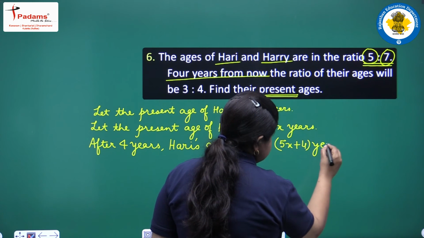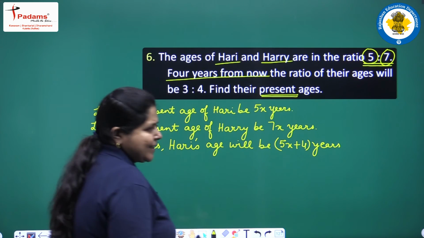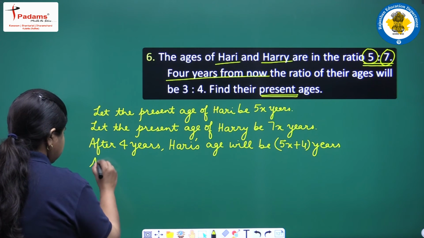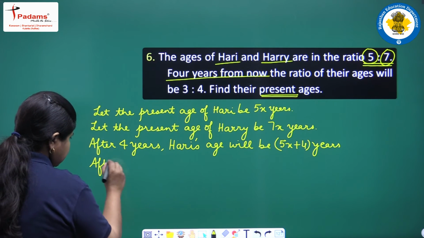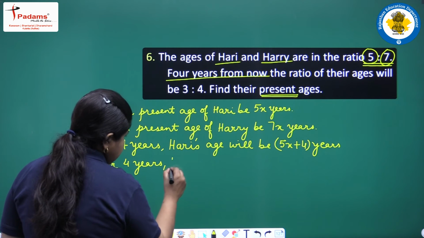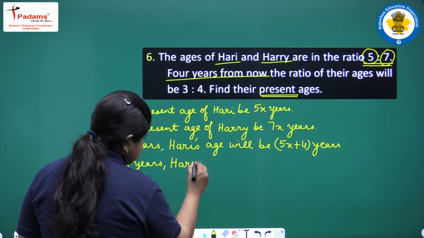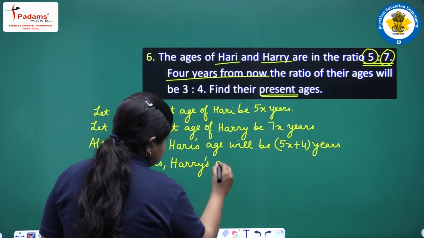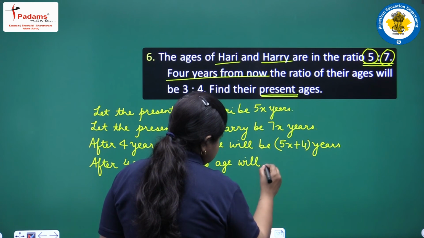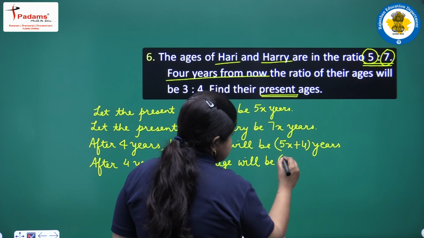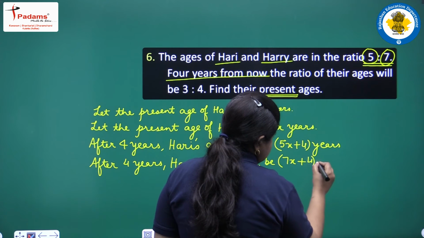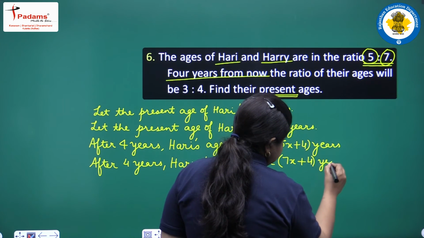Today he is 5x years old, and after 4 years obviously we will add up 4. Then after 4 years Harry's age will be 7x, today's age, plus 4 years.